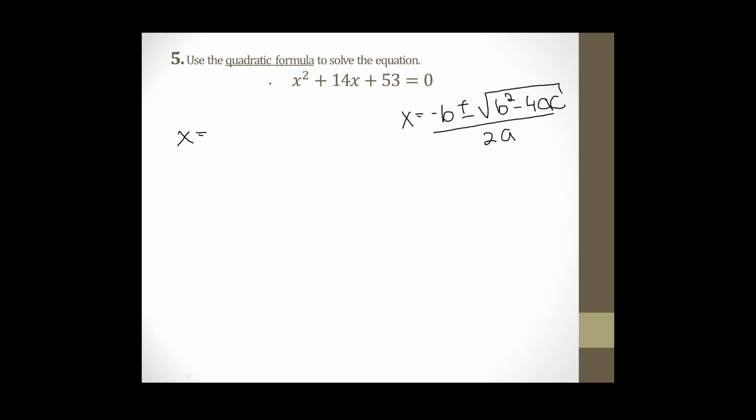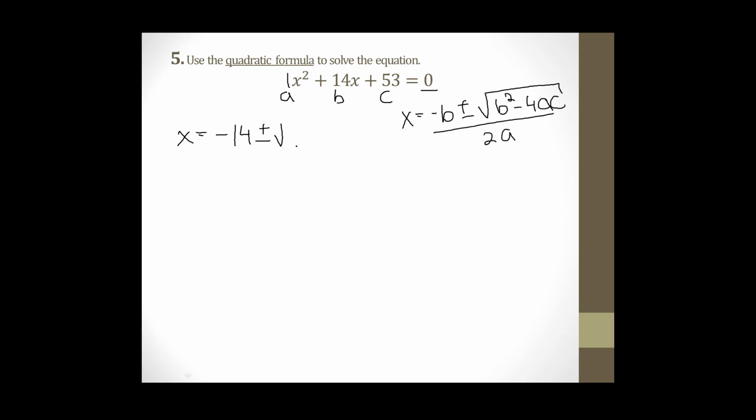x equals... right here is my a, b, and my c, because it's set equal to 0. So my b is 14. I have a negative from the formula, negative 14, then plus or minus the square root of b squared, 14 times 14.